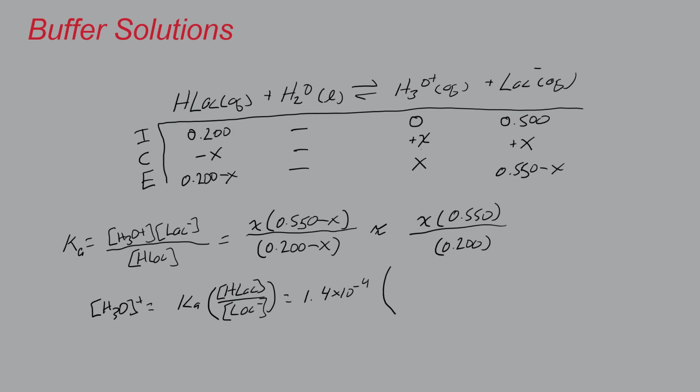The lactic acid concentration is 0.2 minus x, but we can really just call that 0.2, divided by technically 0.55 minus x, but we can approximate it to just 0.55, and that gives us a final hydronium concentration of 5.1 times 10 to the negative 5, and that gives us a pH of 4.29.